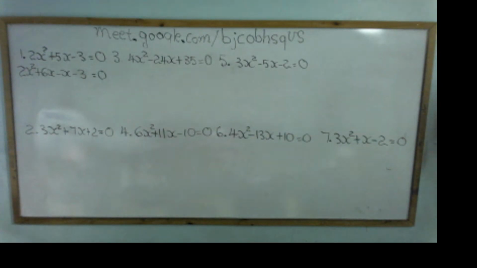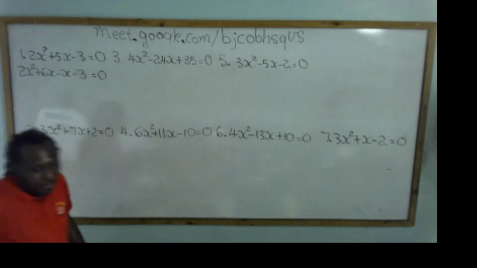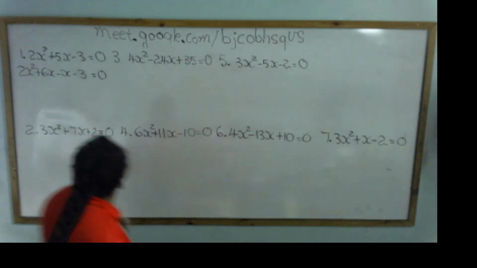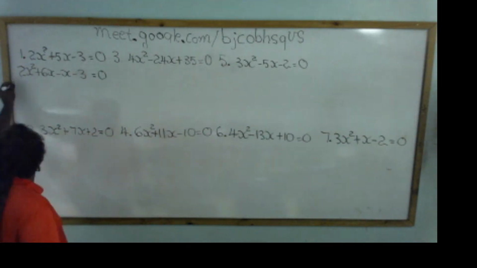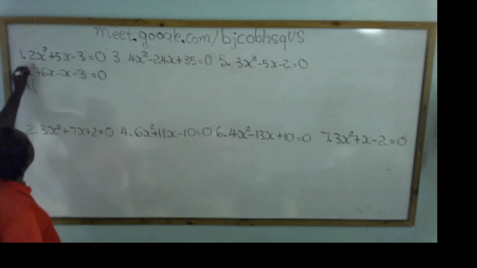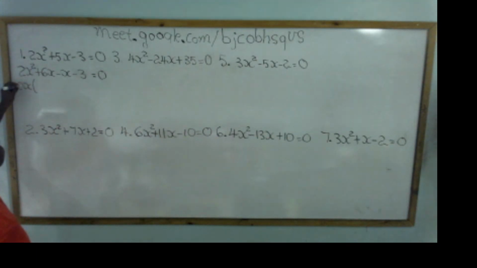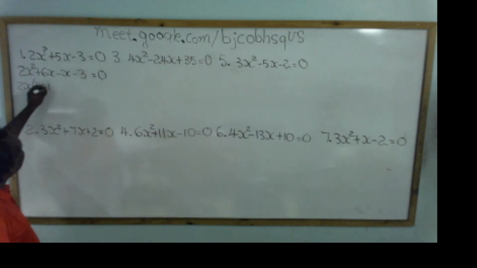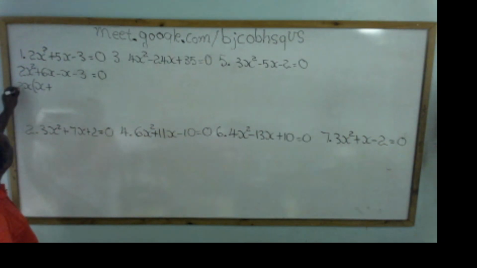That's what I'm in search of. 2x. So we have 2x as our common factor. 2x into 2x squared: the 2 will cancel and x into x squared is x. Plus 2 into 6 is 3 and the x's will cancel, and we close our brackets.